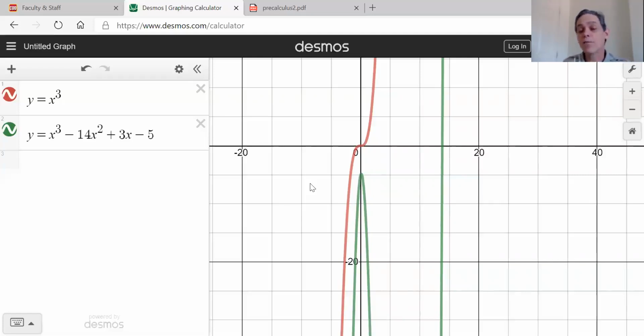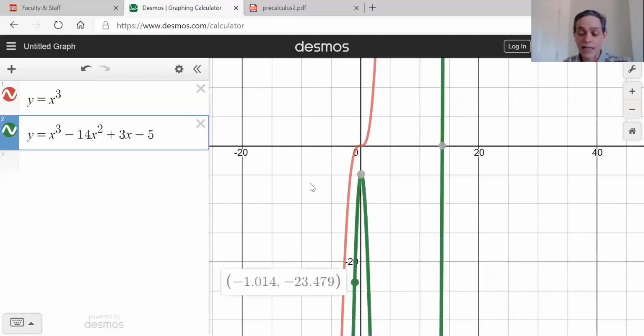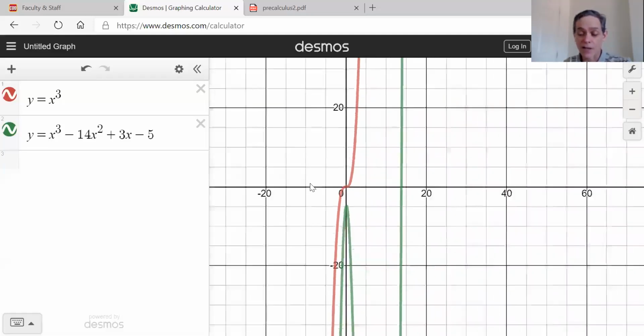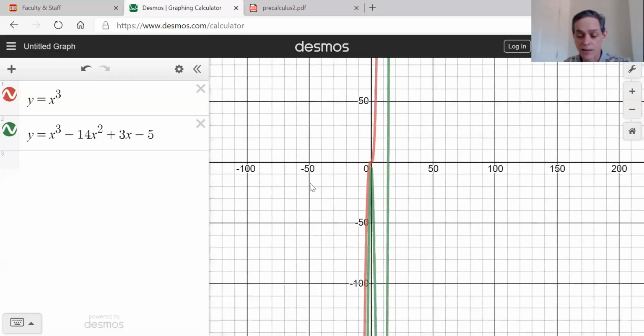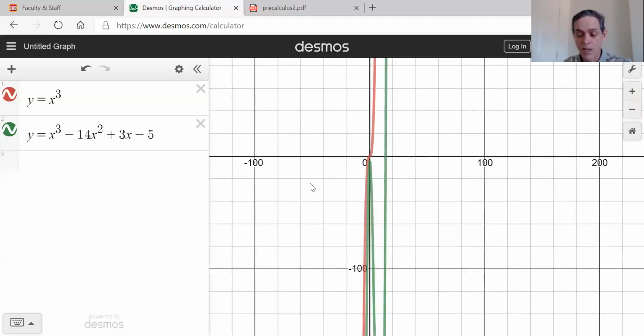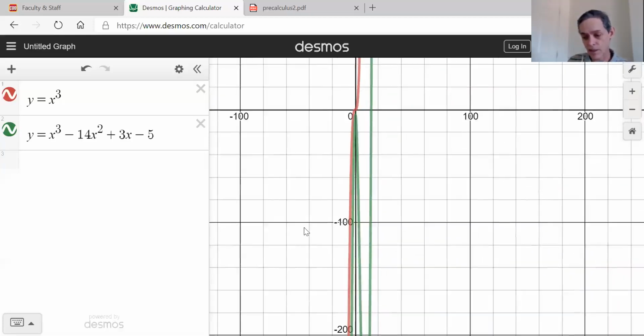We know that y equals x cubed will be left end down, right end up. Let's see what happens if we try to zoom out on this function. This one, it's going to be a little bit hard to tell because of the growth rate. So let me change some of the scaling real quick.